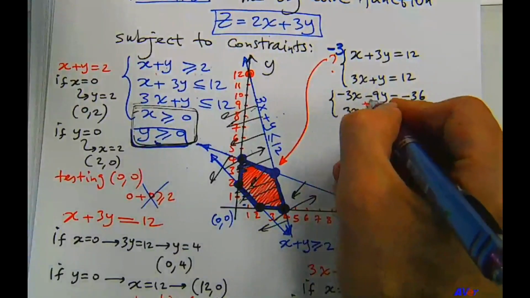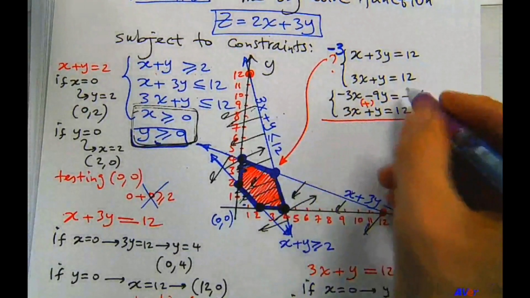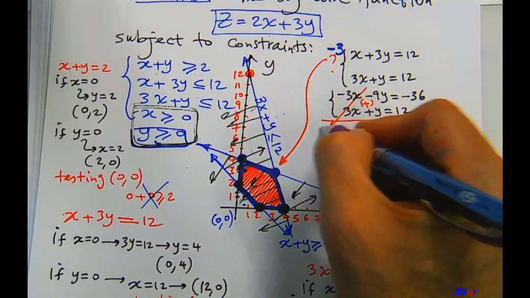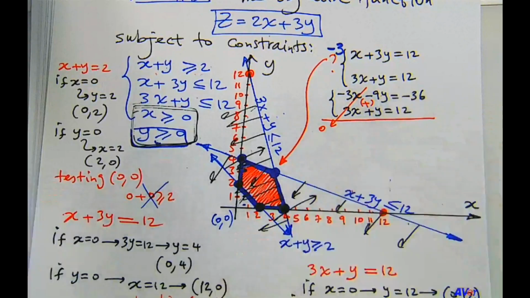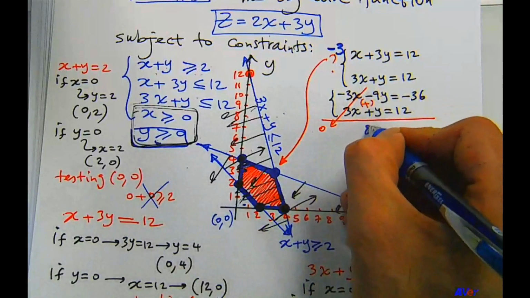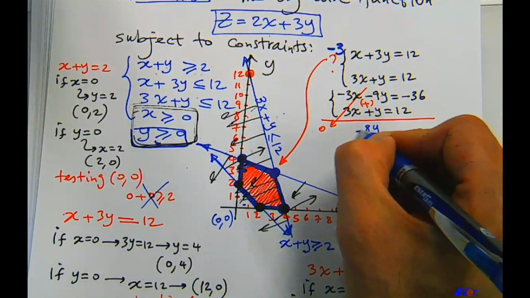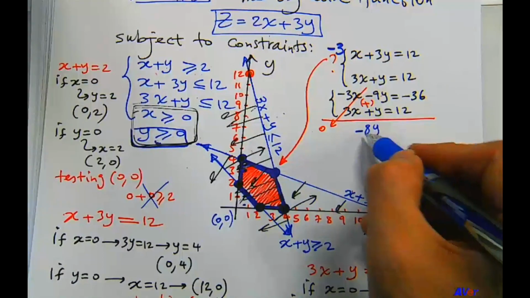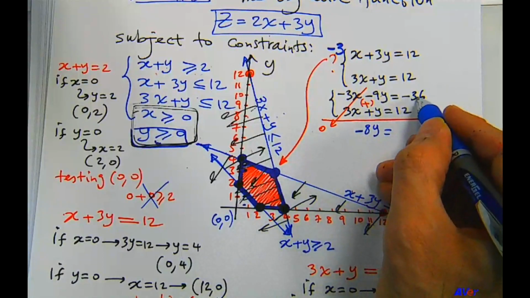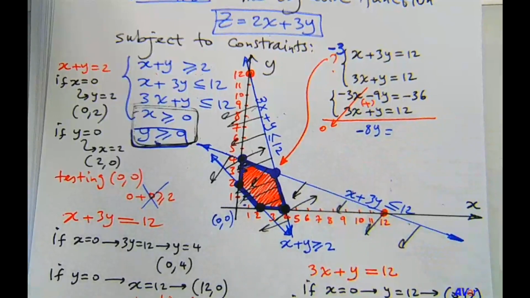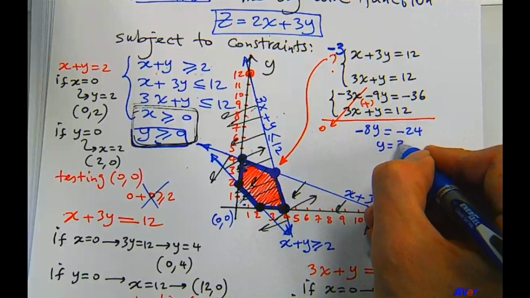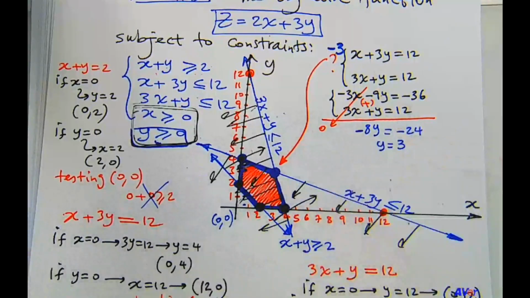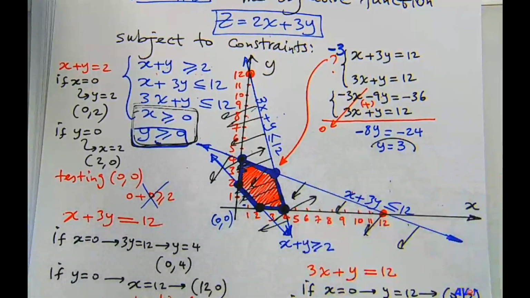Let's add those two equations. The x terms drop out as we intended. -9y + y is negative 8y, sorry about that. -8y = -36 + 12, which is -24. So y is equal to 3.